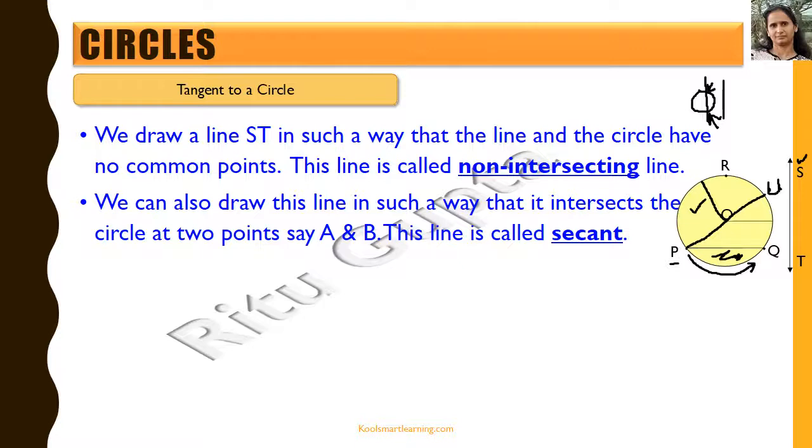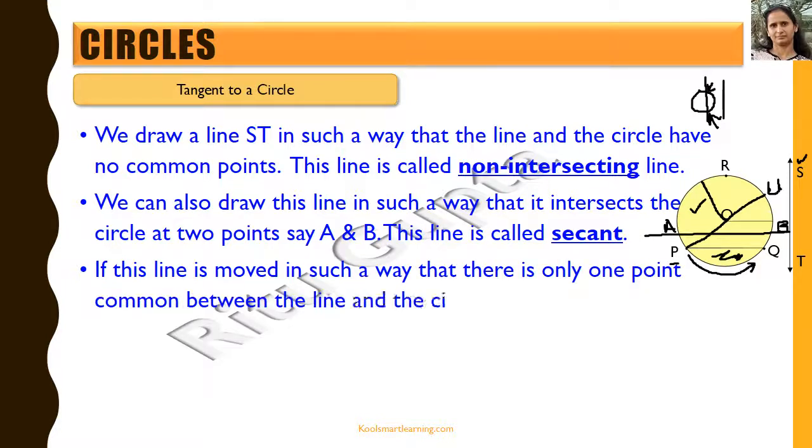But if we draw a line extended on both sides, which is intersecting the circle at 2 points, then this is called a secant. So a chord is a part of the secant, and that part of the secant which is intercepted by these 2 points, say for example we call them A and B, is called the chord.